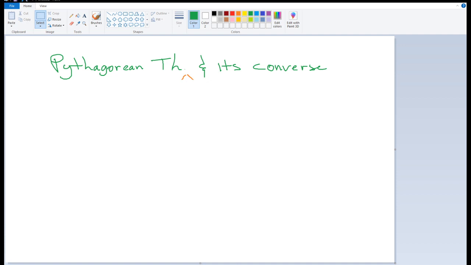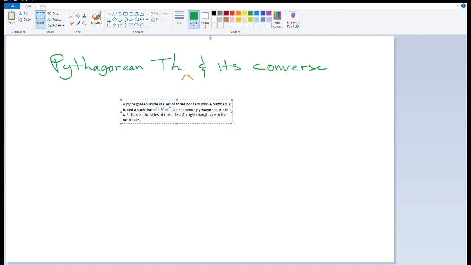Copy and paste. Alright, we have it here. A Pythagorean triple is a set of 3 non-zero whole numbers, such as a, b, c, where a squared plus b squared is equal to c squared.